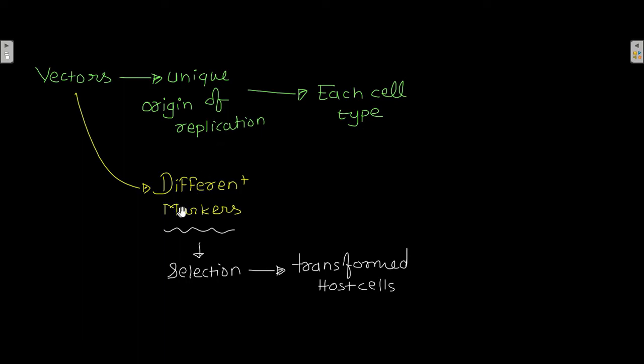And there are different markers in these vectors which help us select the transformed host cells that contain the vector. So it has unique origins of replication for each type of cell, and it has a marker gene as well.